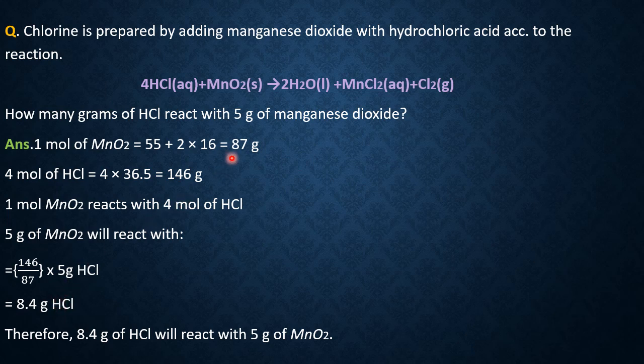According to the balanced chemical equation, according to stoichiometry, 1 mole, that is 87 gram, is required to react with the 146 gram of HCl. Now, if I use 5 gram of MnO2, here is the equation and the answer is 8.4 gram of HCl. Therefore, we require 8.4 gram of HCl.